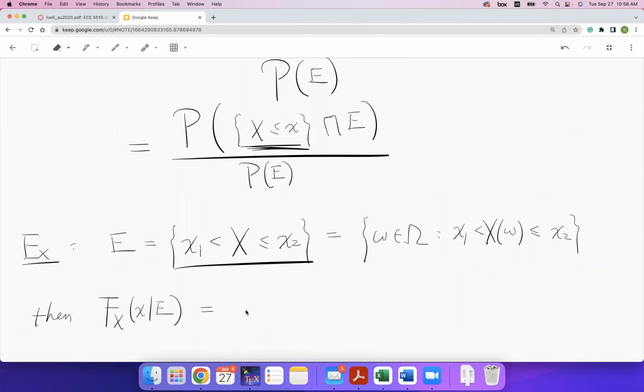So it's basically the joint event of these two events: one is X less than or equal to small x, intersect with capital E. And here, this event E is capital X bigger than x1, less than or equal to x2.